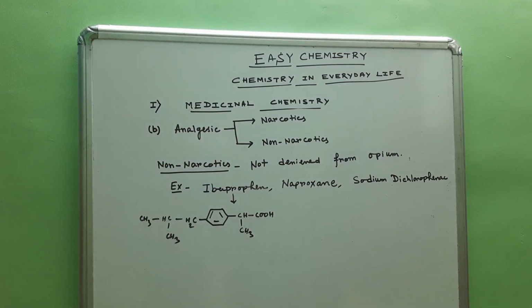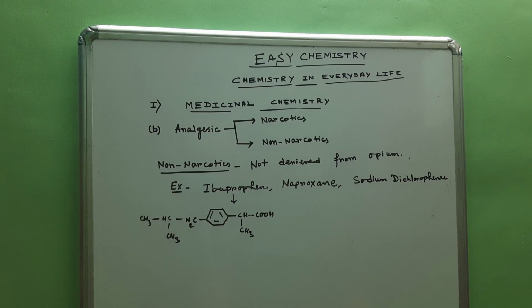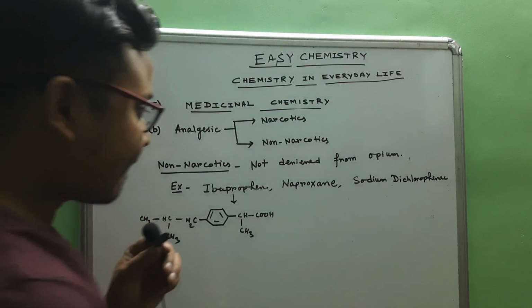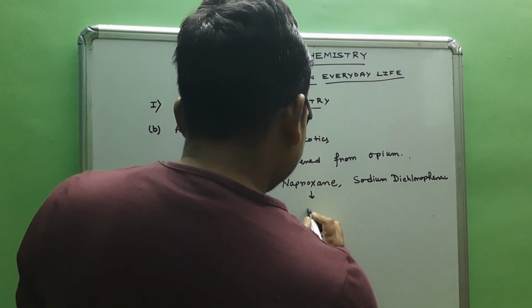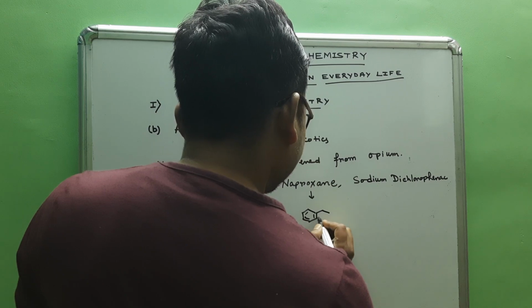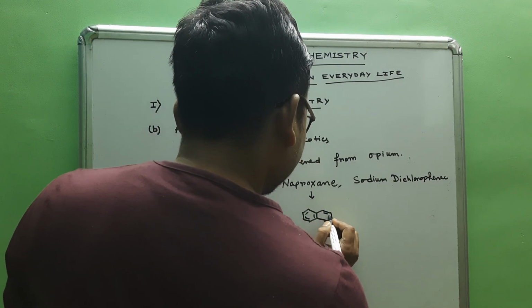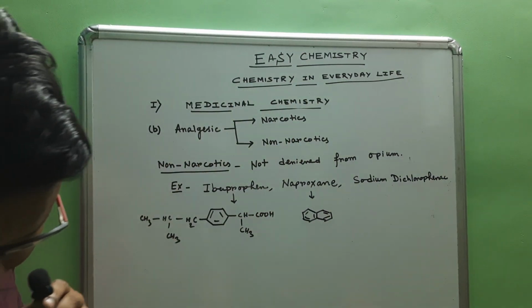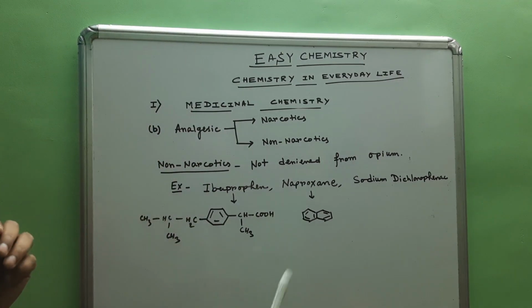And what is naproxen? The structure of naproxen has a naphthalene-like structure, so it is a derivative of naphthalene.